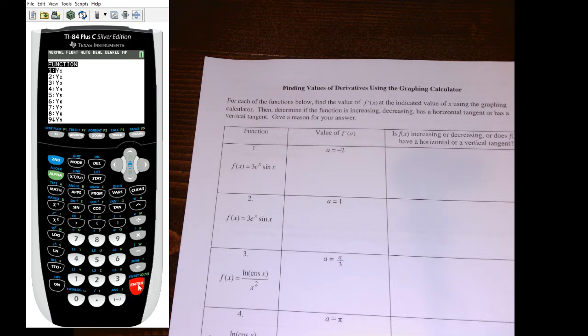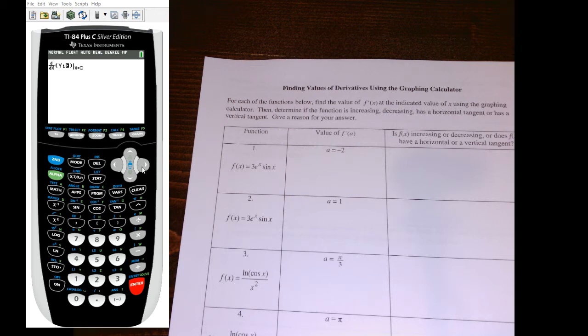And there you can choose y1. So let me go over that again. That is vars, then right arrow to y vars, then you choose function, and then you want number 1 for y1.